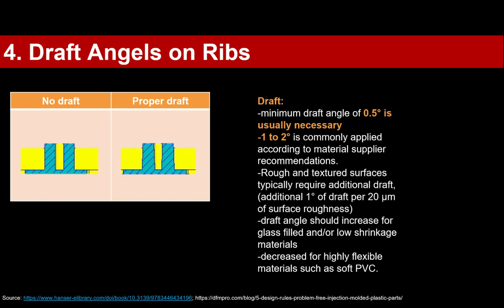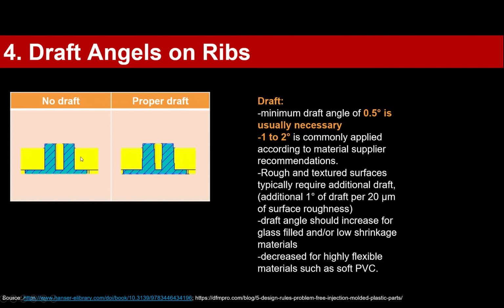Then the fourth point for proper design is the draft angles on the ribs itself. We discussed ribs already. However, for ejection, it is important that you can get the part out of the machine in a proper way.